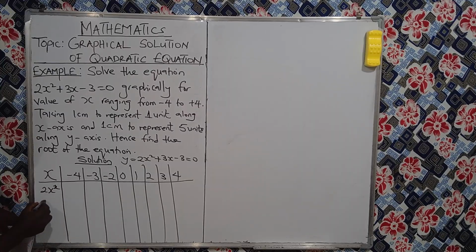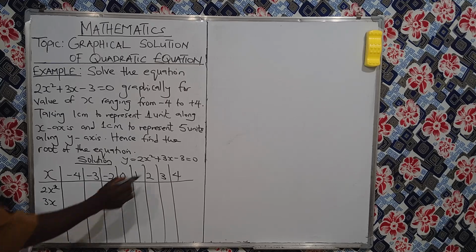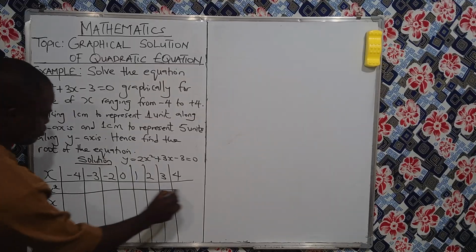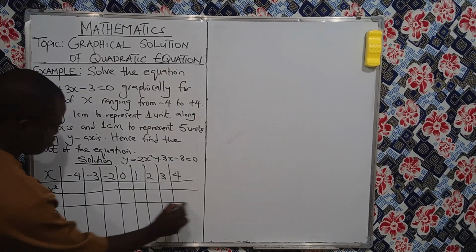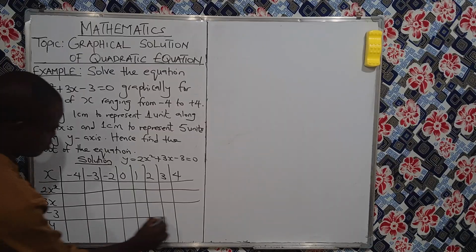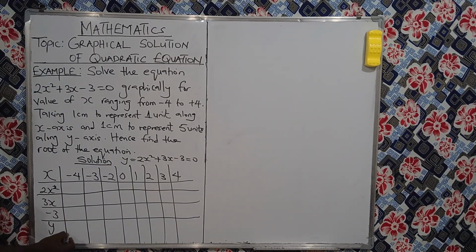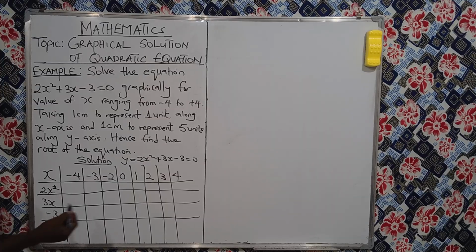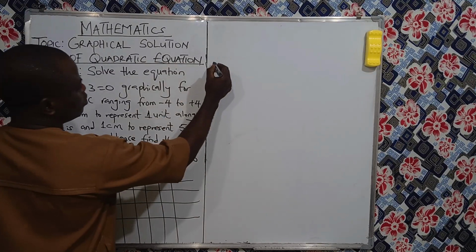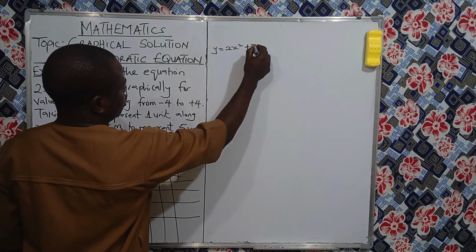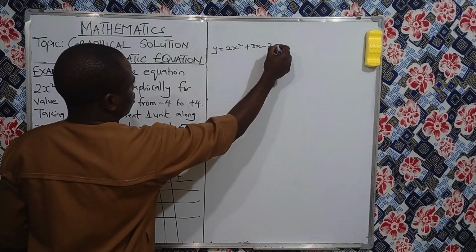The second one, 3x. Next one, minus 3. The final one, that's y. By the time you add everything together, it gives you y. We add this directly by saying y equals 2x squared plus 3x minus 3 equals 0.